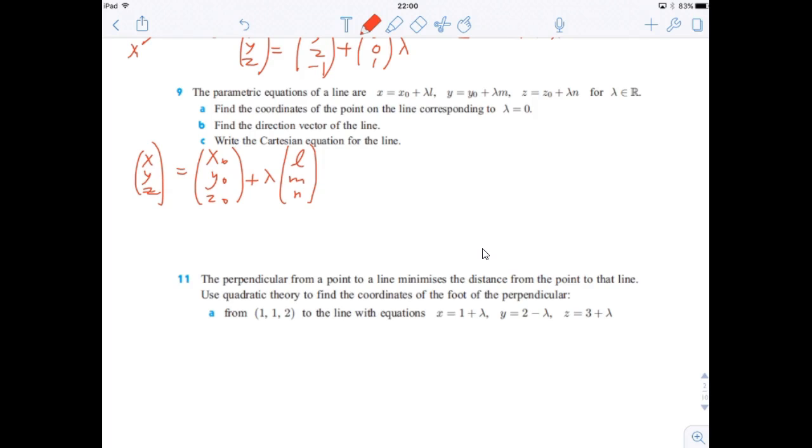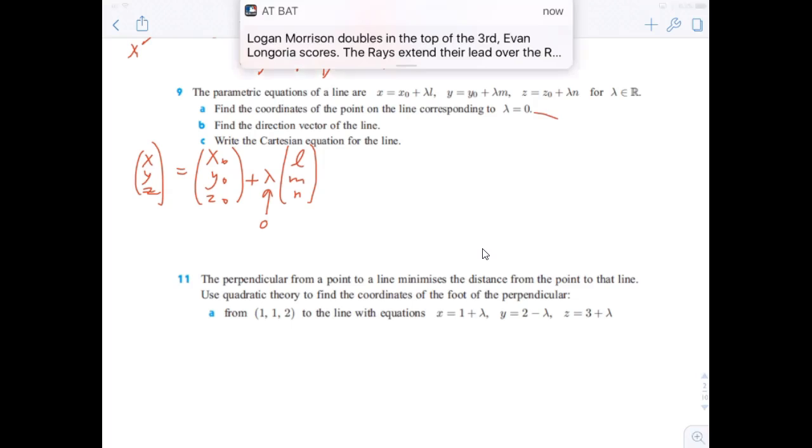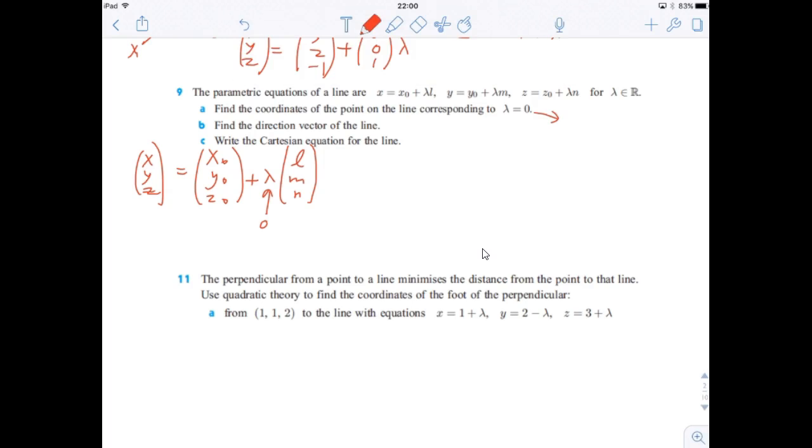Now, the coordinates of the point on the line corresponding to lambda equals 0. Imagine if you put 0 in for lambda, what's going to happen? So the answer to A would be x0, y0, z0.